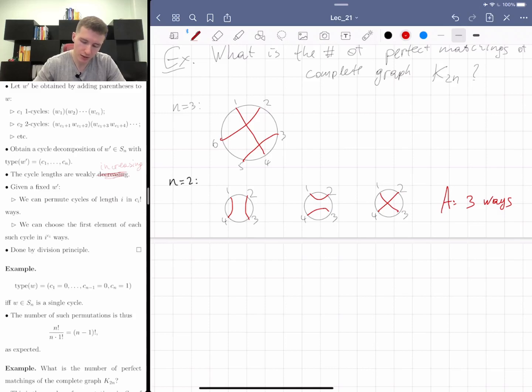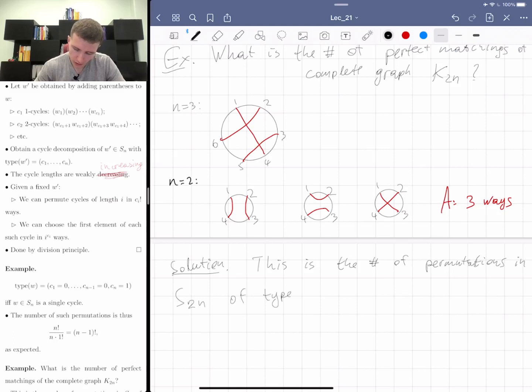And in general, how do I state this in terms of permutations? Solution. This is the number of permutations in S_2n of type, what?